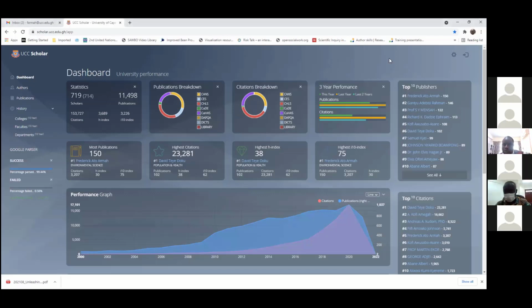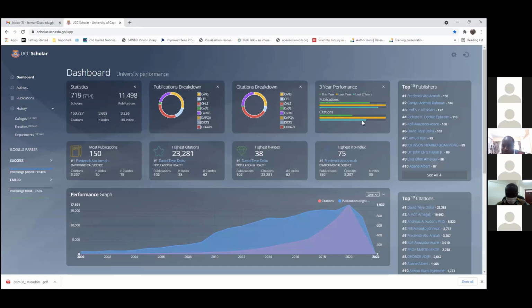Now, it is also instructive to note that this dashboard helps us to assess our performance over a 3-year window. So you can see our performance this year, our performance last year, and our performance 2 years ago. So that is what we find here: 2 years ago, last year, and this year.